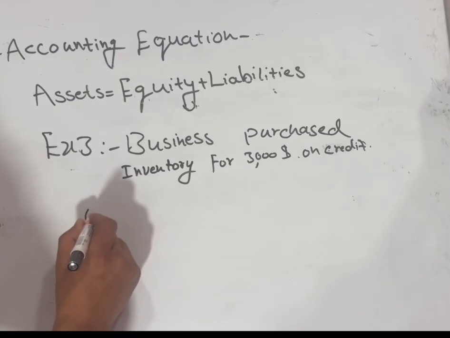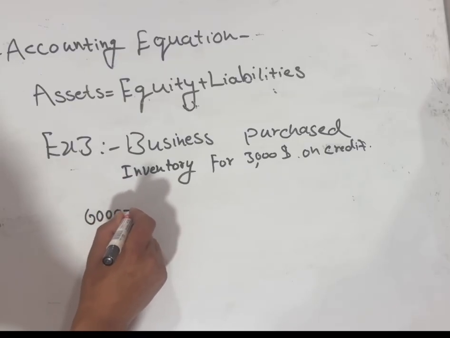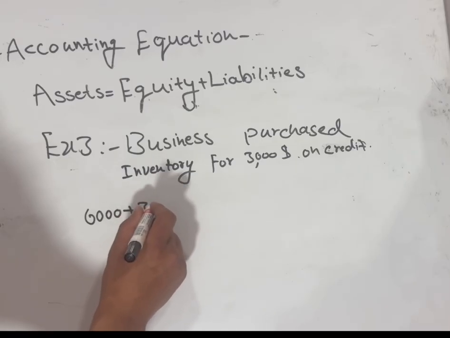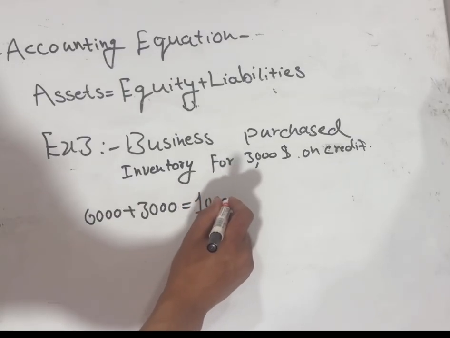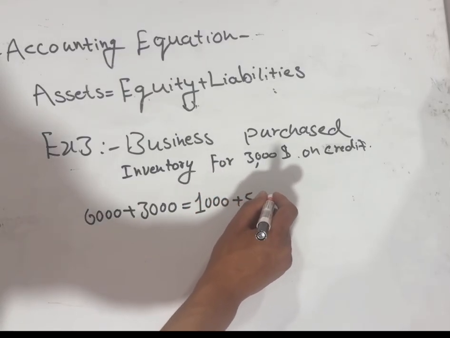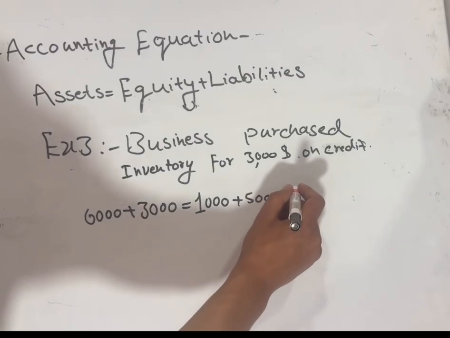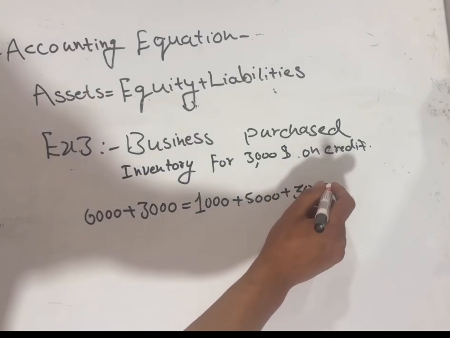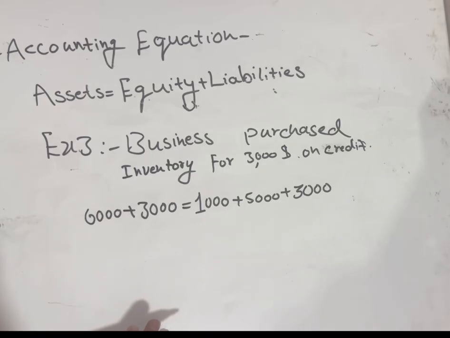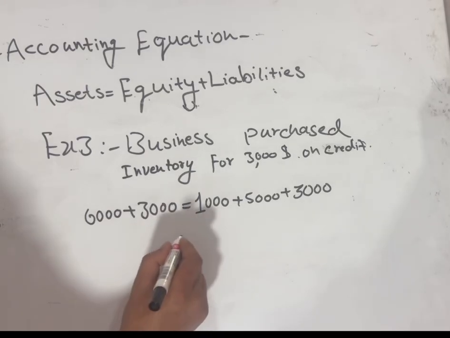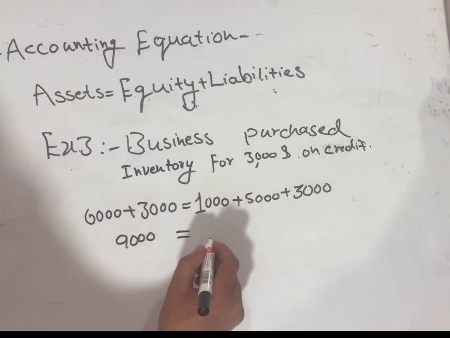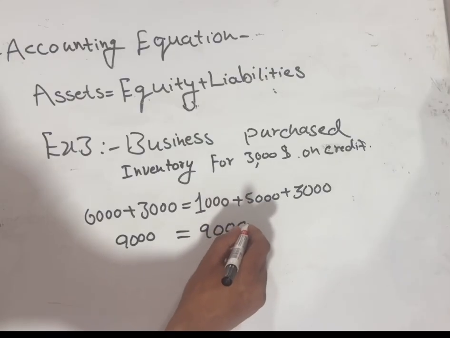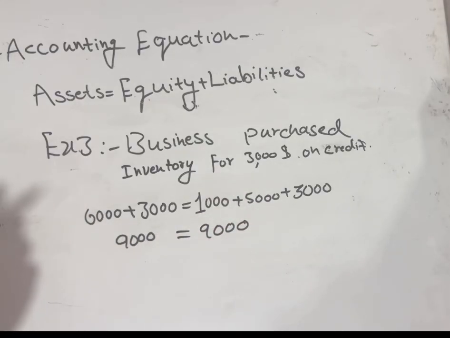So right here we had $6,000 from the previous example plus $3,000 increased in this transaction, equal to $1,000 from the owner's investment plus $5,000 from the bank loan plus $3,000 from this purchase. So we will have $9,000 for the left side and $9,000 for the right side as well.